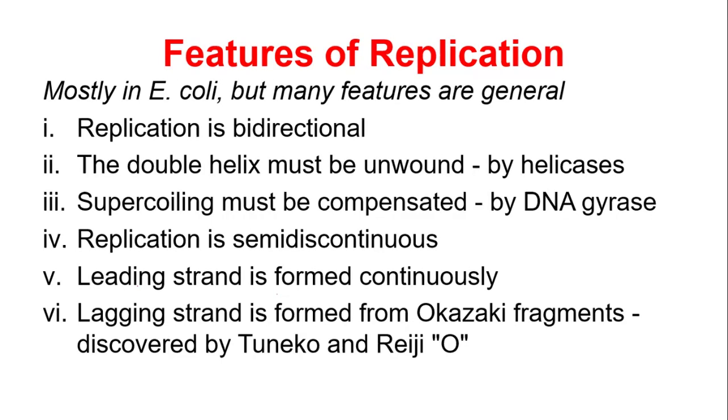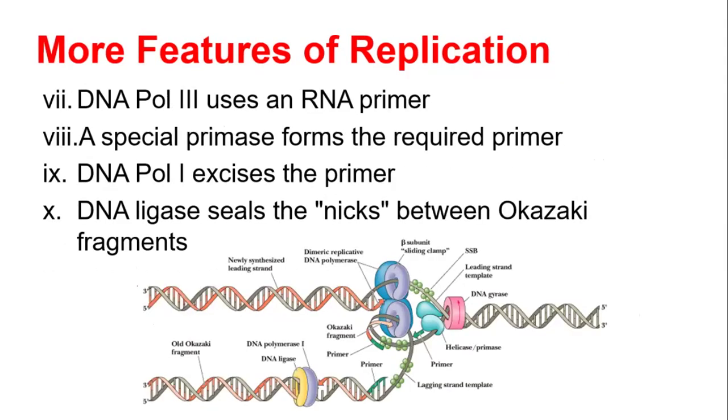Also, this was discovered around 1968. So, DNA polymerase uses an RNA primer for that particular process to actually occur. Then a special primase forms the required primer, and then DNA polymerase will remove the primer at the end of the day.